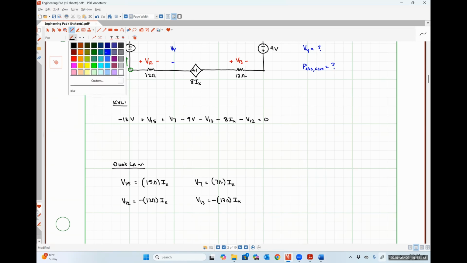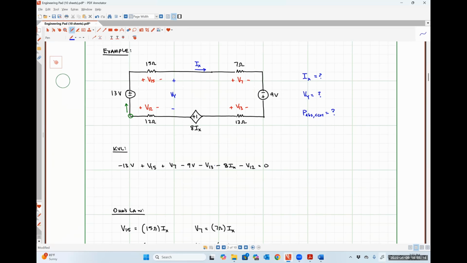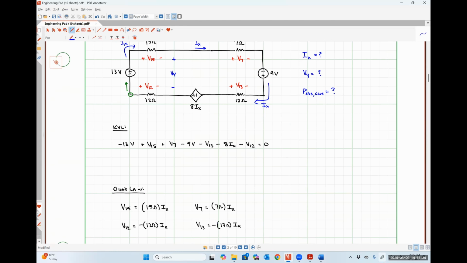Just so that we're all catching what I'm throwing here, this is our current IX as it's making its way around. So it sees the positive polarity terminal first. This one already obviously sees the positive polarity terminal first. When we come around this way, following that clockwise path the current is taking, now it's seeing the negative polarity terminal first, which is why our Ohm's law got a minus sign.